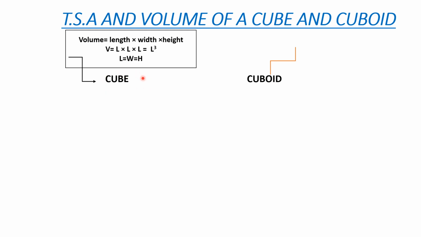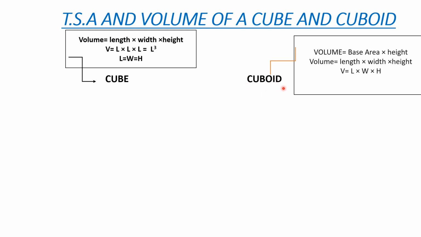If you see a box with square faces, if you see a house with square walls, then you just know that that is a cube. Do you see a house with rectangular walls, rectangular floors, and rectangular ceilings? Then you just know that it is in the form of a cuboid.